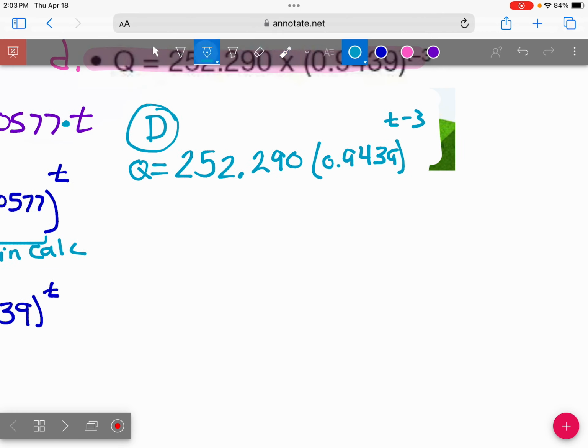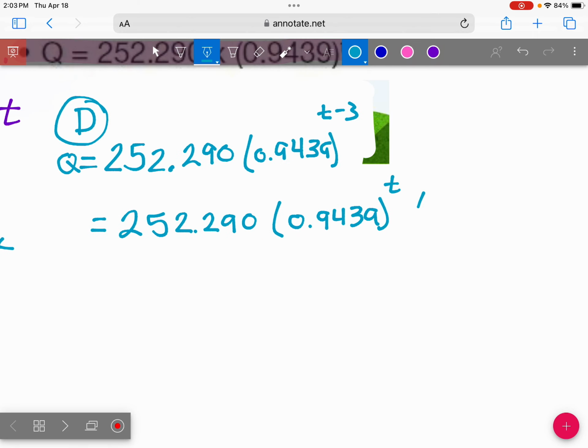So we can do this as 252.290 times 0.9439 to the t times 0.9439 to the minus 3.